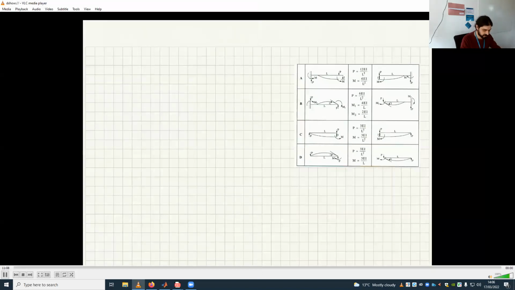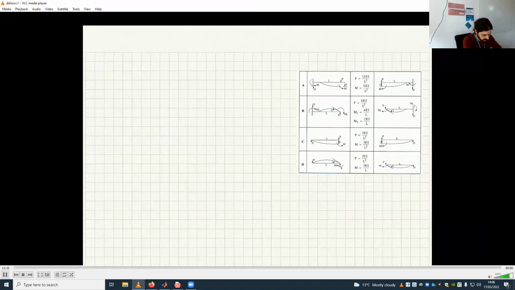So this is for transverse vibrational beams. But this thing is about the matrix iteration method.